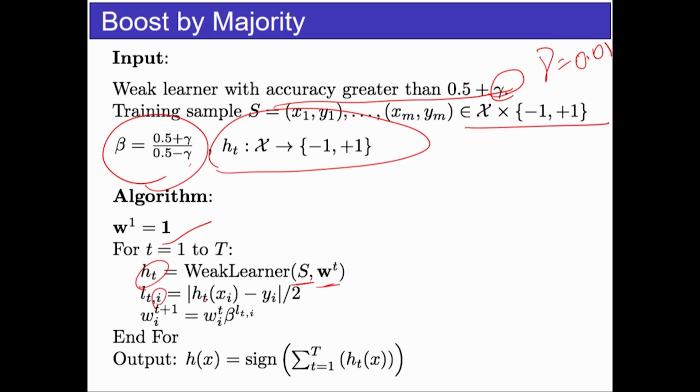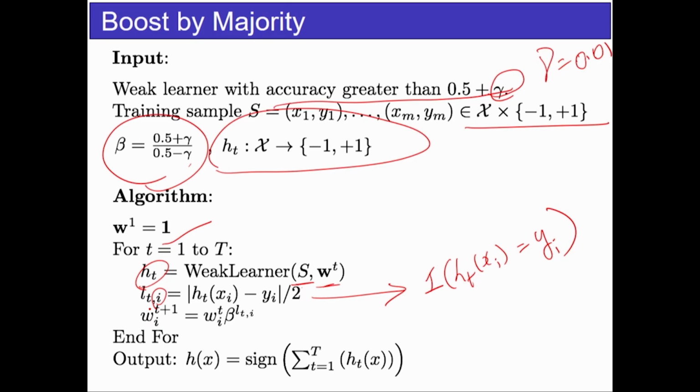Essentially you can write it simply as the indicator of HT of xi equal to yi. I've done this because it's more general, but this is perhaps easier. So your LTI is simply saying, in the tth iteration, did I get my ith sample right or wrong? It is the loss incurred by the tth classifier on the ith sample.